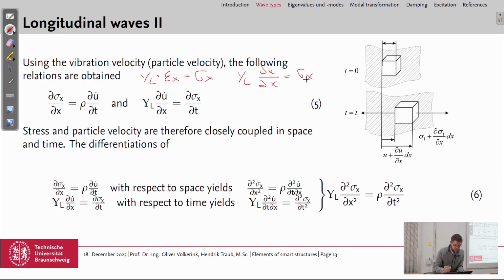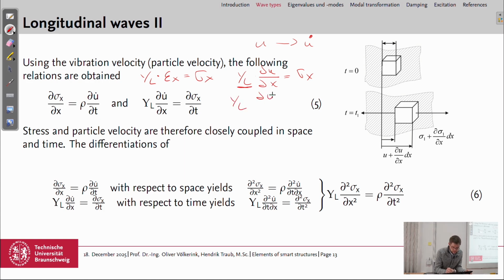And now we replace the displacement by the particle velocity. So we replace u with u dot, and the Young's modulus does not change with respect to time. This is an assumption.